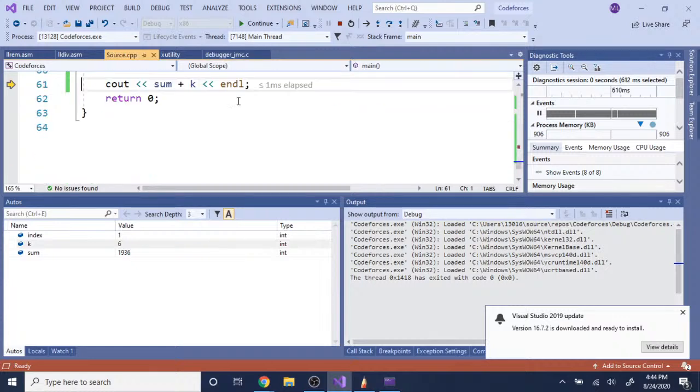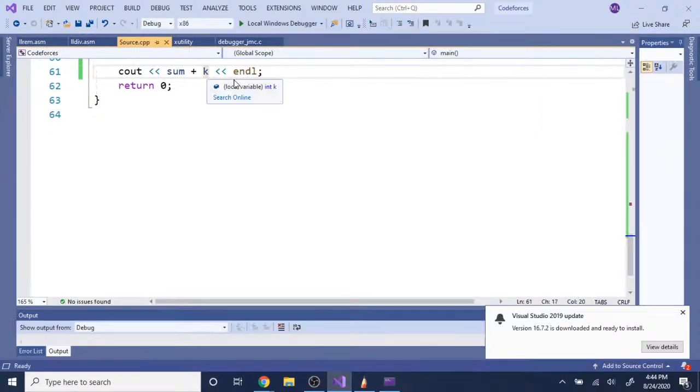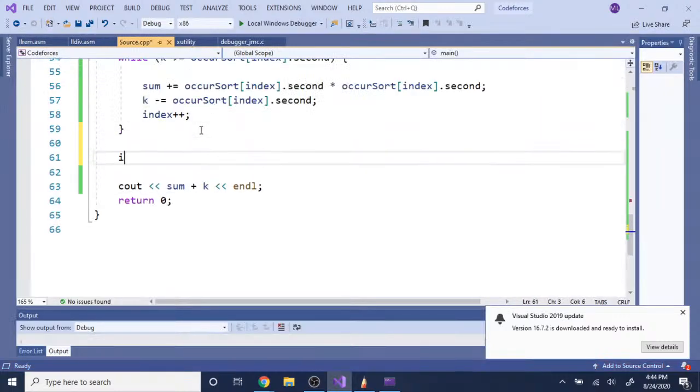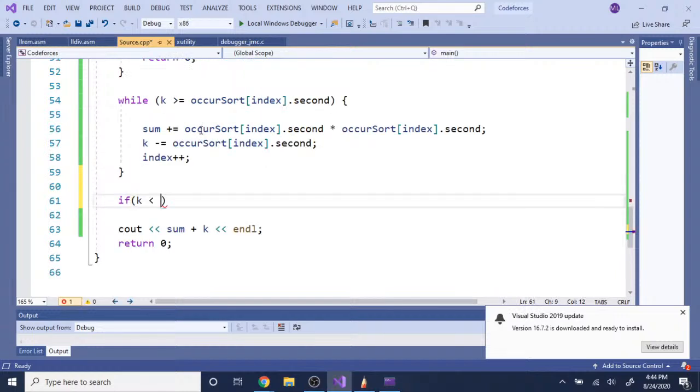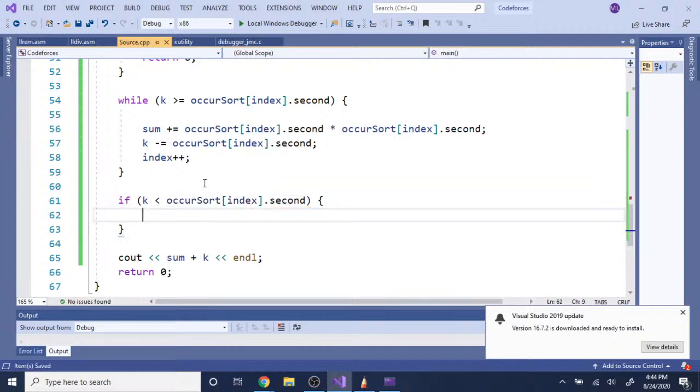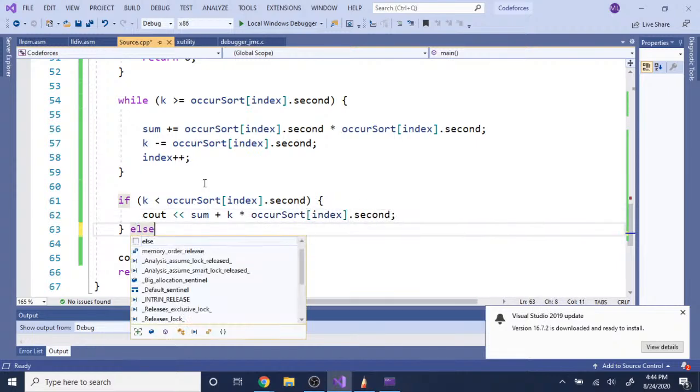Multiply by the index. So if it's less than it, then we're going to multiply count sum plus K multiply count occur sort index dot second. Else we do this.